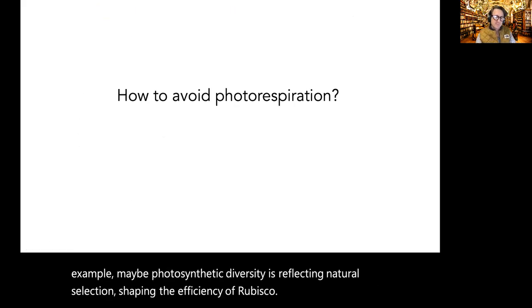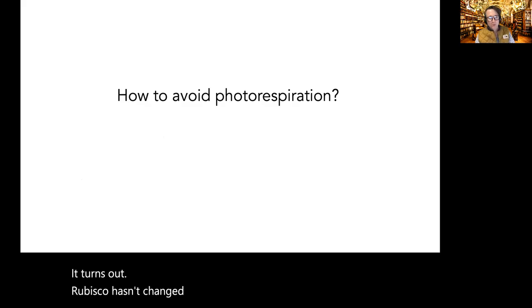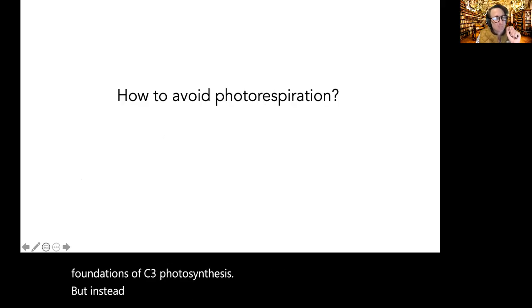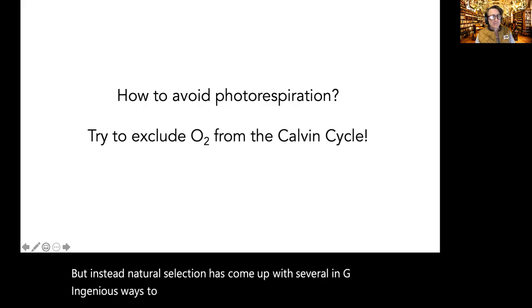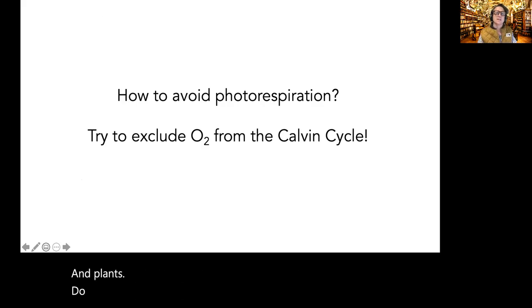Well, it turns out that Rubisco hasn't changed, basically, since the origin of the foundations of C3 photosynthesis. But instead, natural selection has come up with several ingenious ways to avoid photorespiration. Certain plants do that by excluding oxygen from the Calvin cycle.